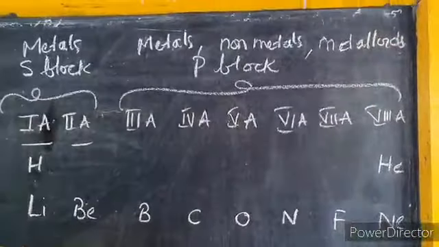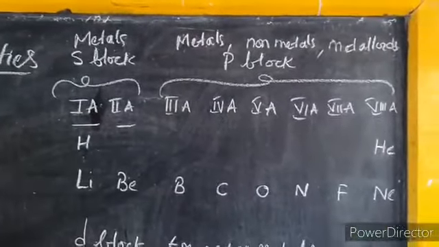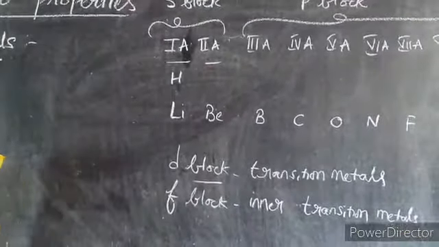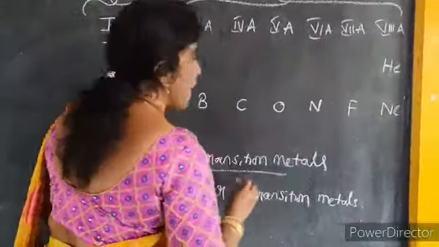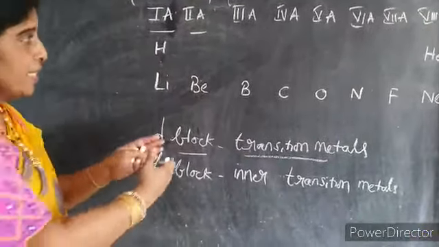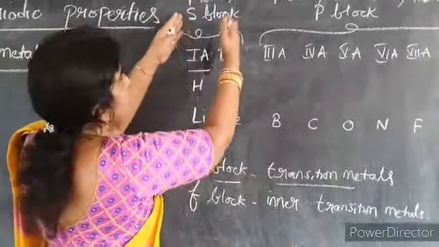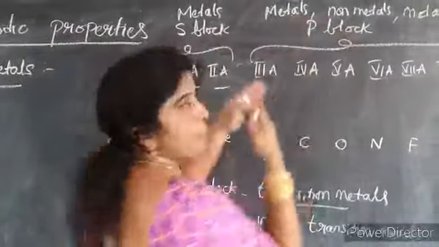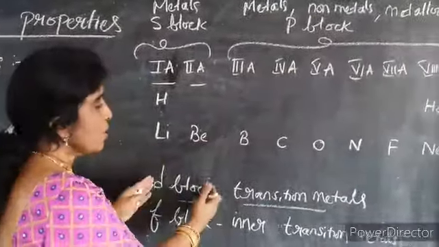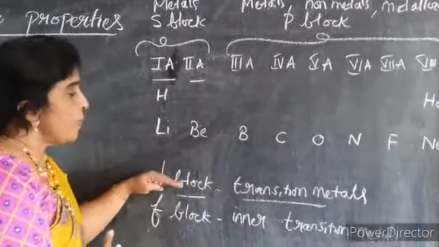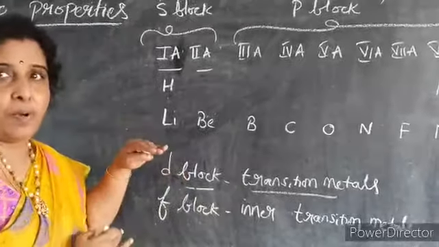Of course there are some exceptions everywhere. D block elements are also metallic in nature and they are known as transition metals. Why are they called transition metals? Because the D block is present between the S block and the P block. Therefore, this block is called transition metals. And the F block actually belongs within the D block.